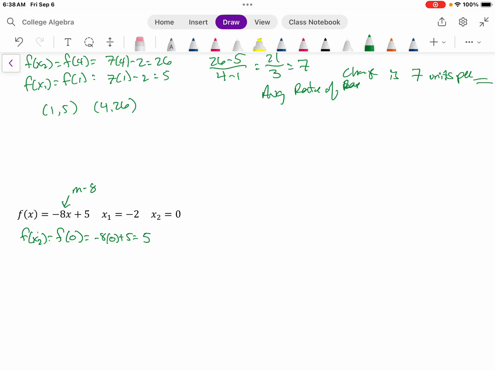Then we're going to do f of x1, which would be f of -2, which is -8 times -2 plus 5, which is 21. So as we set this up, it would be 5 minus 21 over 0 minus a minus 2. That's -16 over 2, which is -8. And hey, we match what we have up there.